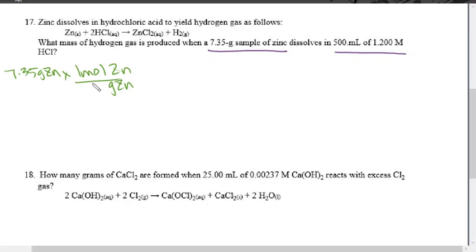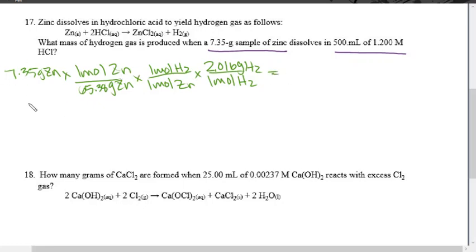Oh my gosh, 65.38, times 1 mole of zinc will give me 1 mole of H2. 1 mole of H2 is about 2.016, yeah? This is 1.0079, yeah, grams of H2.